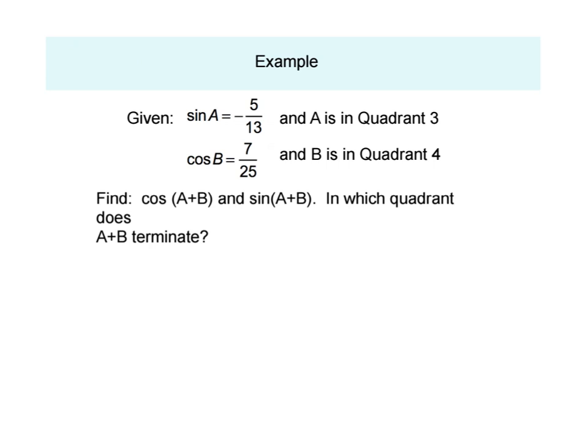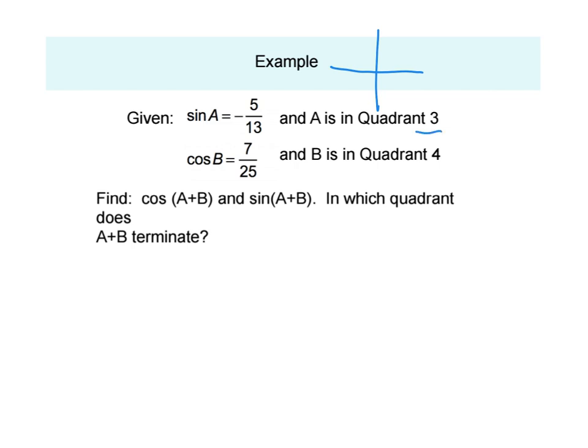All right, so I'd like to do an example first where we are using our sum and difference identities to figure out what cosine of A plus B and sine of A plus B are, when I'm given a little bit of information about some trig functions involving A and trig functions involving B. So we are going to first draw ourselves a picture of A. And it was nice.